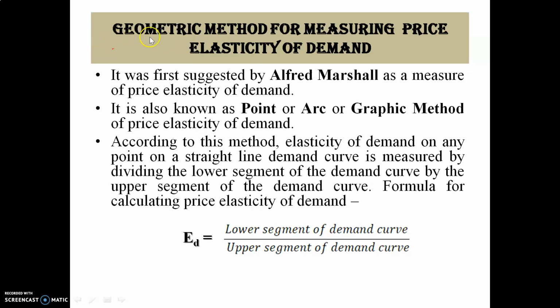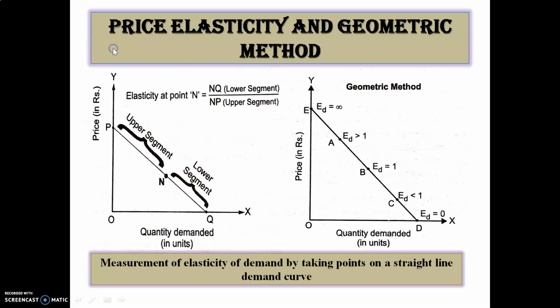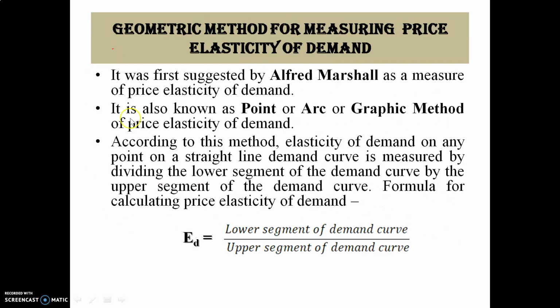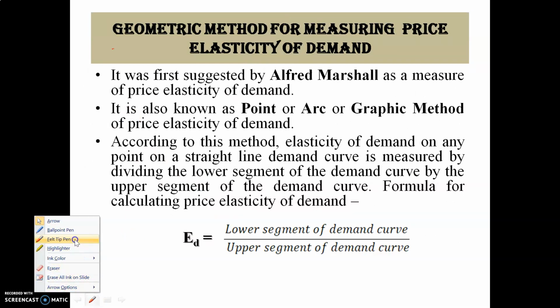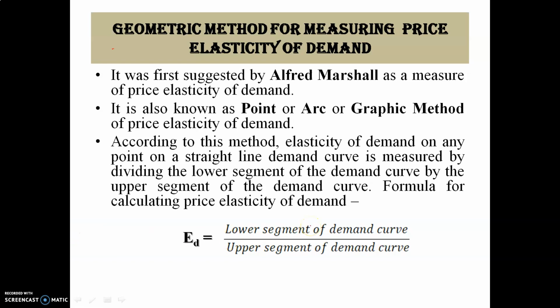But in this case, this method is a bit different from the previous one. See, here the term geometric is used. Geometric method means that you can calculate this elasticity of demand by the use of diagrammatic terms. Geometric means graphical representation, right?